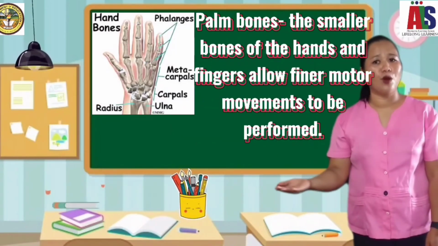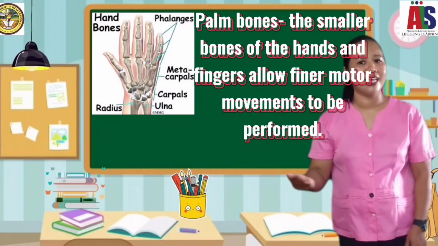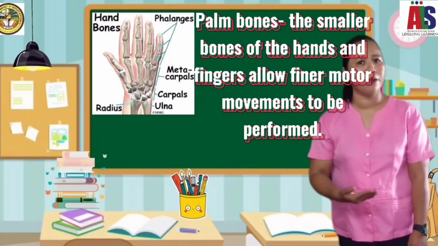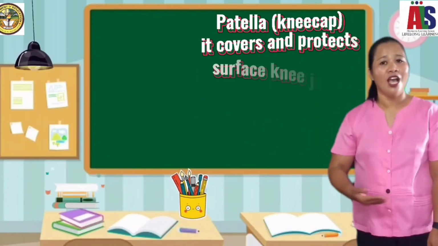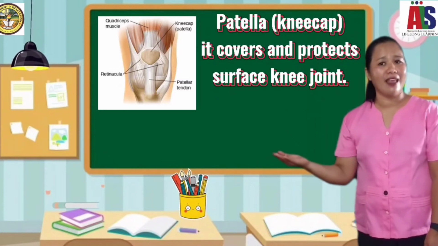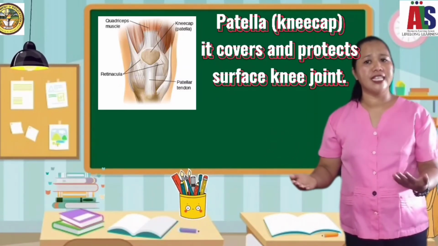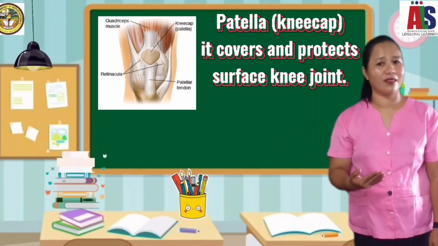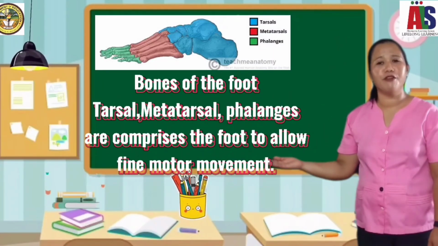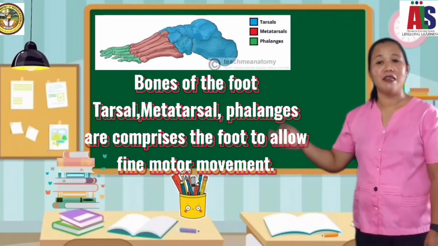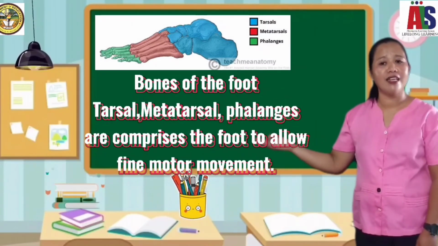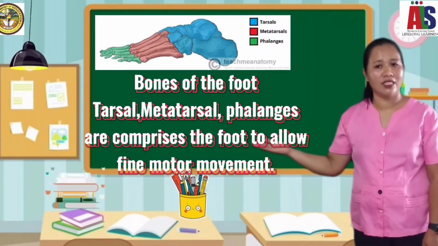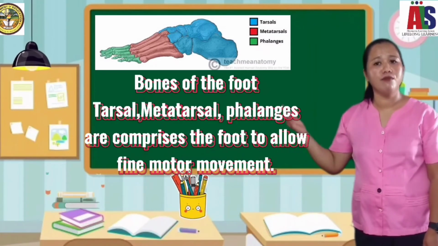Correct! The palm bones are the smaller bones of the hands and fingers that allow fine motor movements to be performed. Correct! The patella or kneecap covers and protects the surface of the knee joint. Correct! The bones of the foot, the tarsals, the metatarsals, and the phalanges, comprise the foot to allow fine motor movements.